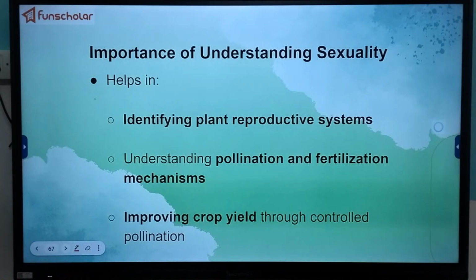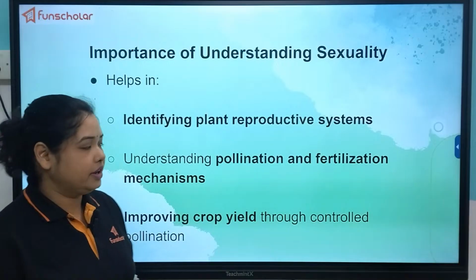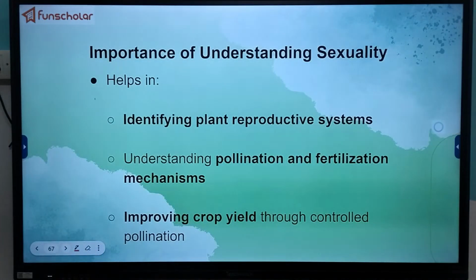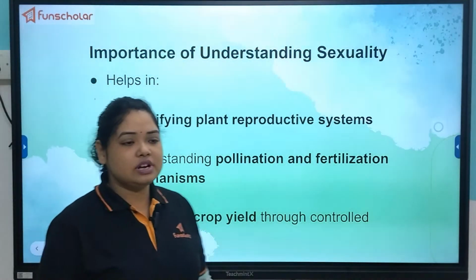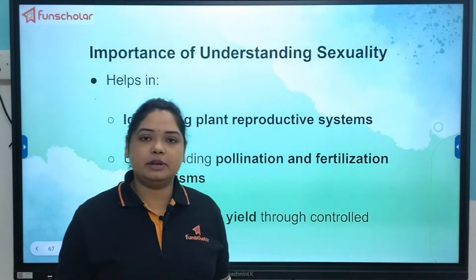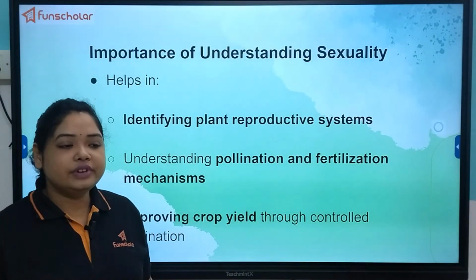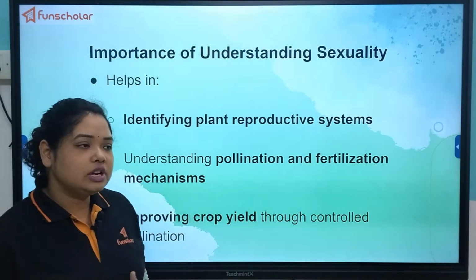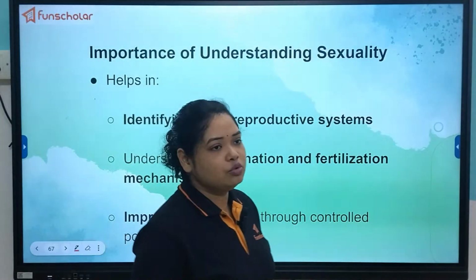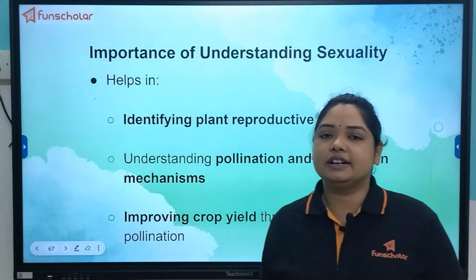Now, why should we understand the sexuality of plants? Why is it so important? Firstly, it helps to identify the plant reproductive systems. If we don't know which one is the male flower and which one is the female flower, then ignorance will lead to poor agricultural practices.